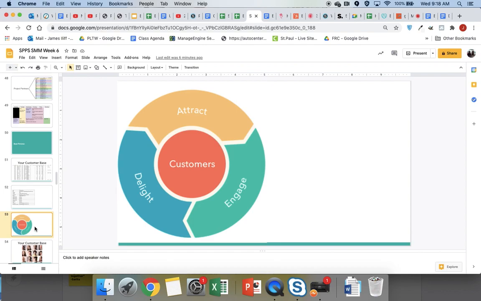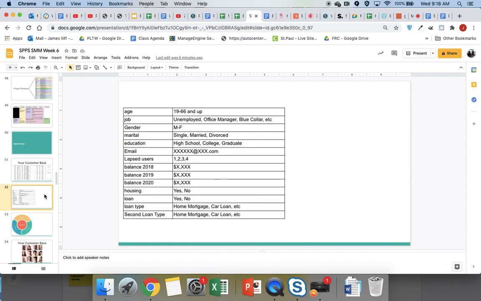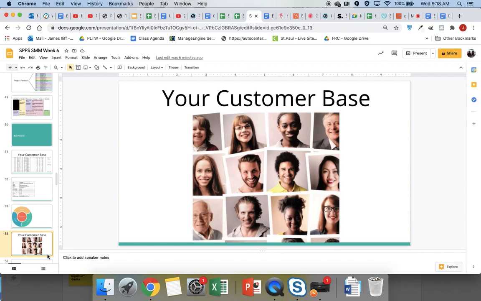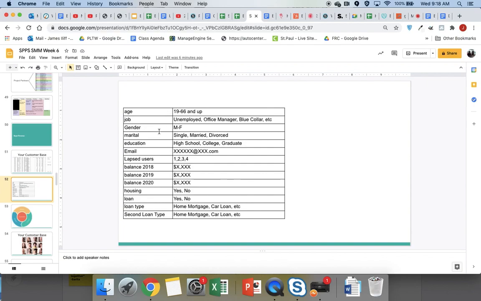Hey, if we are a truly customer-centric marketing agency or a marketer where you put your customers at the center of all that you do, is this enough information about a customer to truly understand them? I don't think so. Your customers are real people with real lives and all sorts of nuances about them that frankly this doesn't capture.